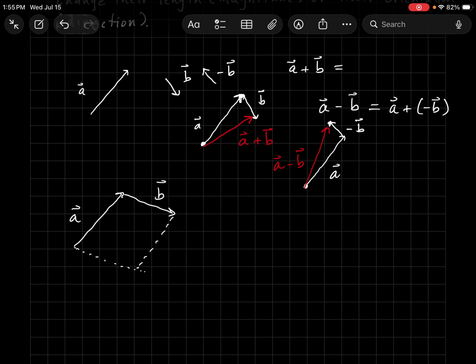Something along those lines. I now have a parallelogram where I have A over here and B over here. But then A plus B is one of the diagonals. In fact, A plus B is this diagonal right here.